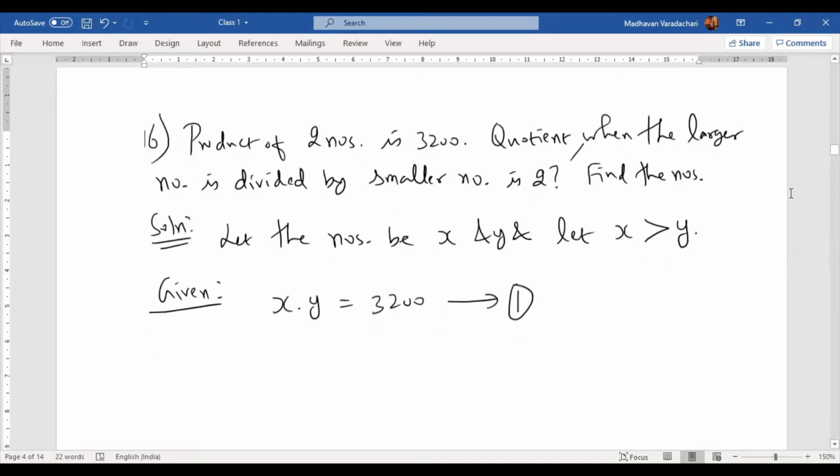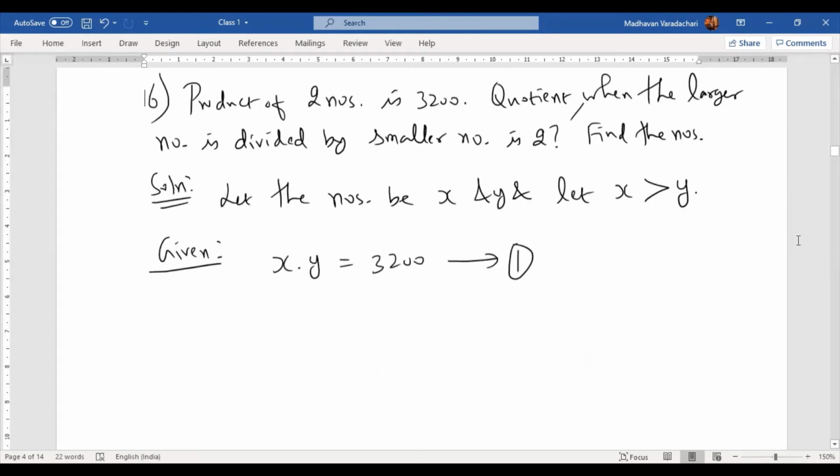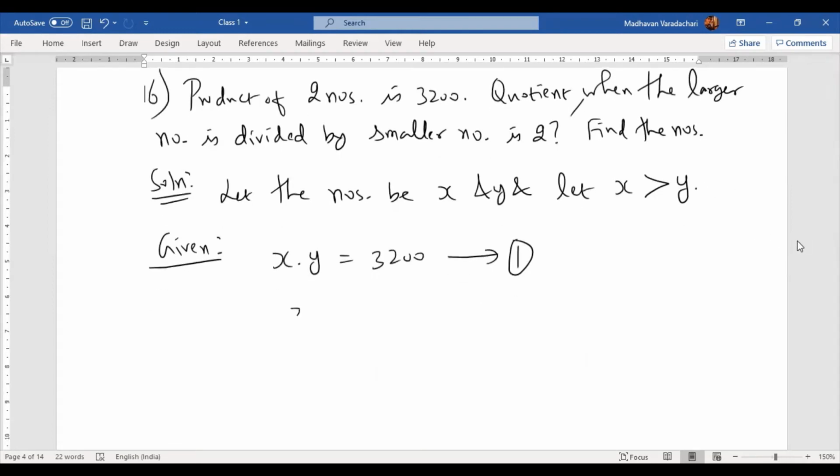Then the quotient when the larger number is divided by the smaller number is 2. Means one more thing that is given: the larger number, we assumed it as x. If x is getting divided by y, the quotient, meaning the result, is 2. x by y is 2, which means I can rewrite it as x is equal to 2y.